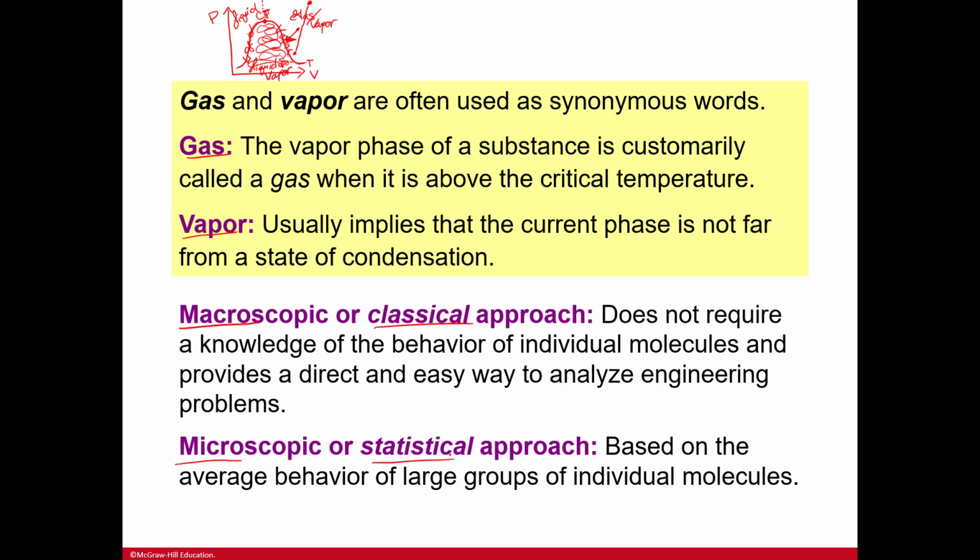I'm a mechanical engineer, so I look at things primarily from a macroscopic approach because I'm looking at systems, I'm looking at devices, I'm looking at turbines and pumps and things like that. So I need to have the data of the molecular behavior so that I can compute my devices, but I don't need to know the behavior of those molecules. I just need some data points from it, right?